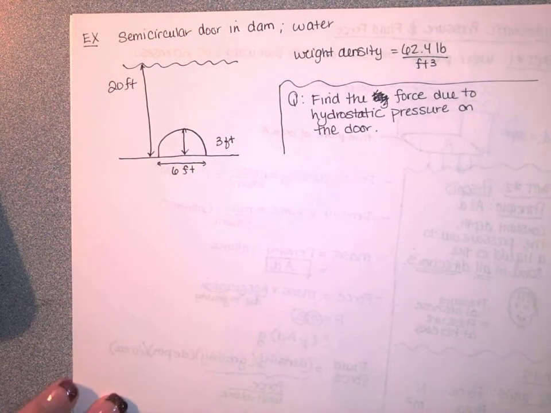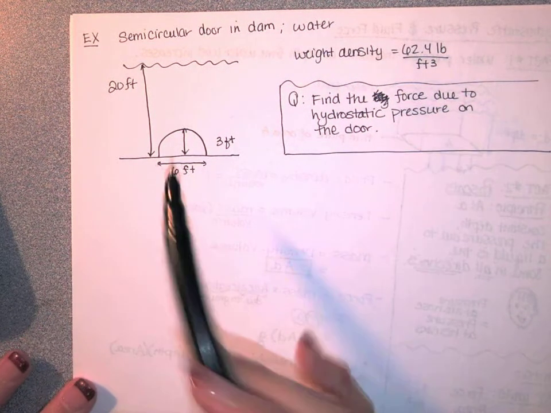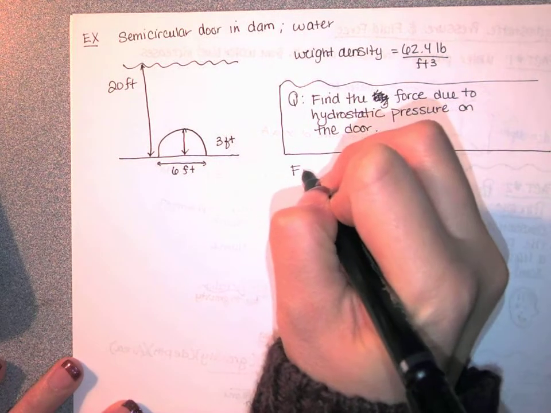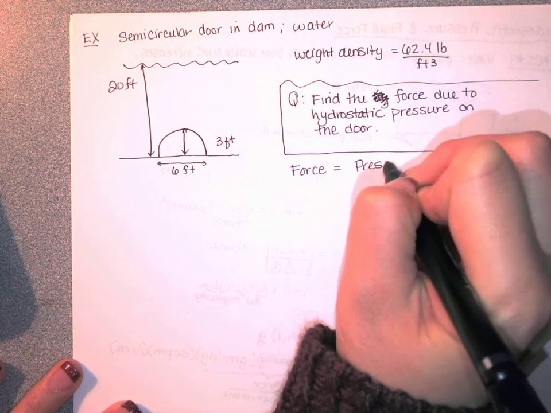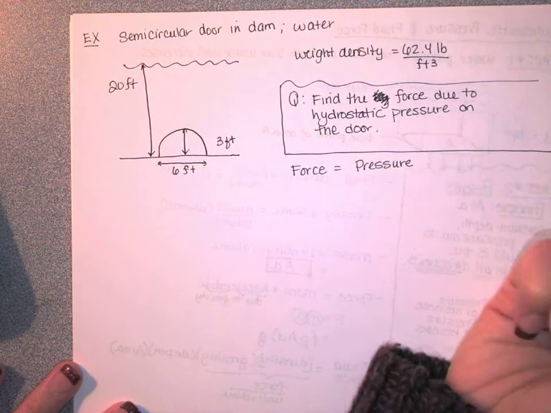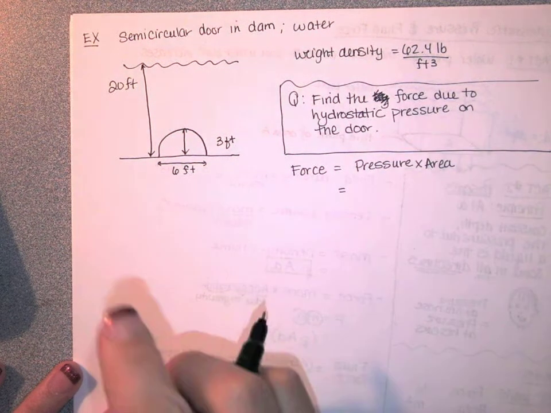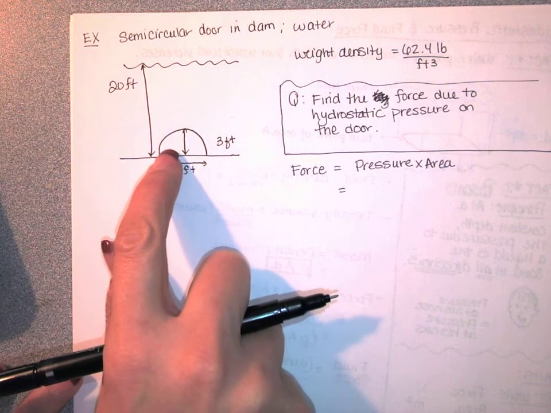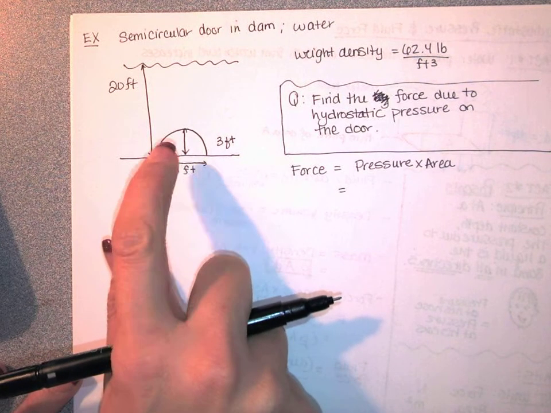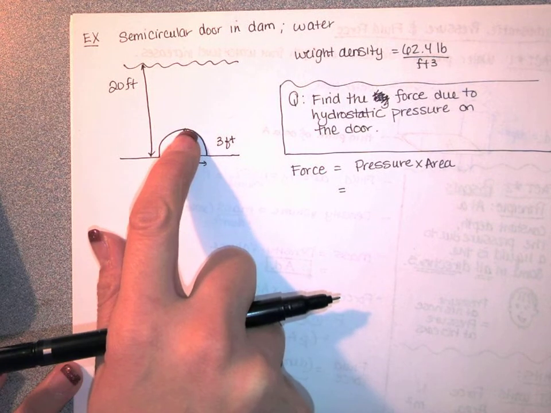Okay. So if I want to find that force, well, we know that force is pressure times area. And we know pressure is a function of depth. So that tells us that the bottom of this door is experiencing more pressure than the top of the door is.